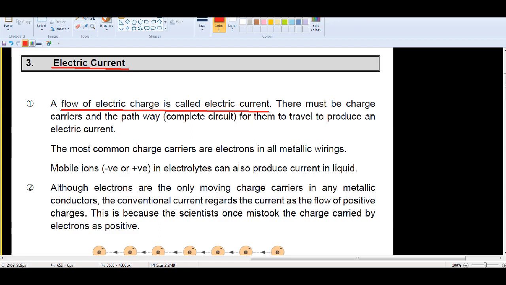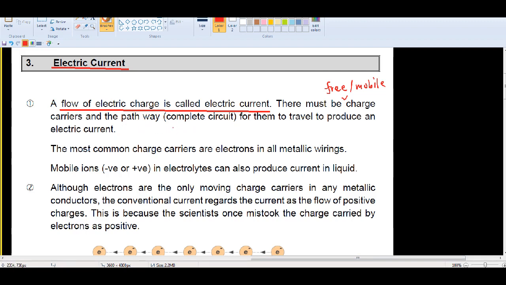For a current to happen, there are two things. First, you need to have charge carriers, or more precisely, free or mobile charge carriers. And the pathway, that means you need to have a complete circuit.